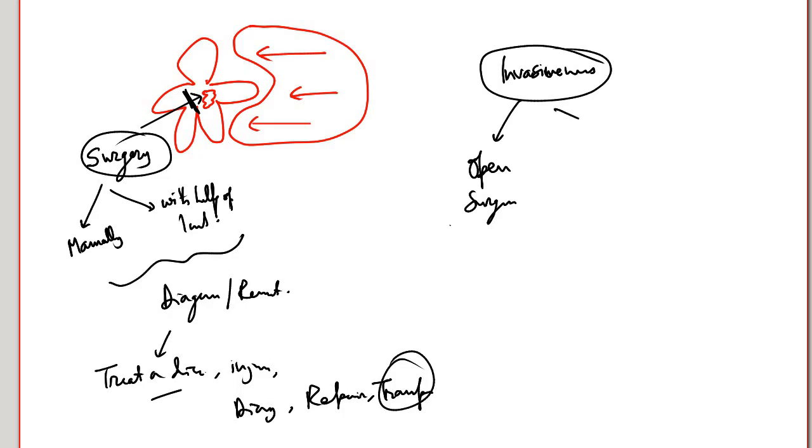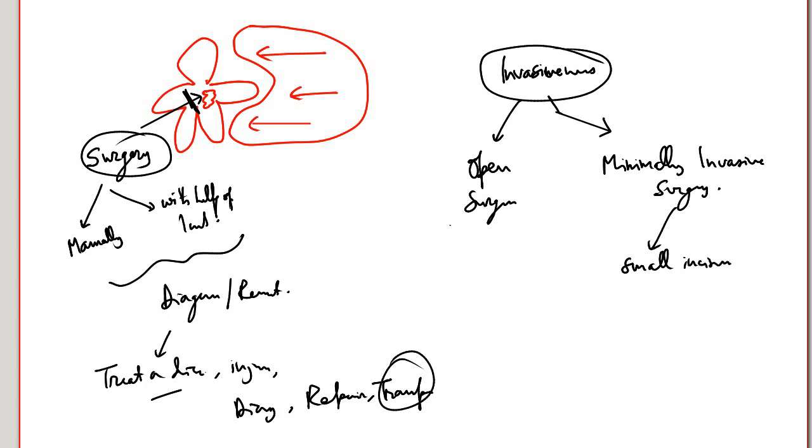And there is another very interesting new technique which is known as minimally invasive surgery. Okay. Now what is this? This is a newer technique where we basically use small incisions. Now what is an incision? An incision is basically a small cut.